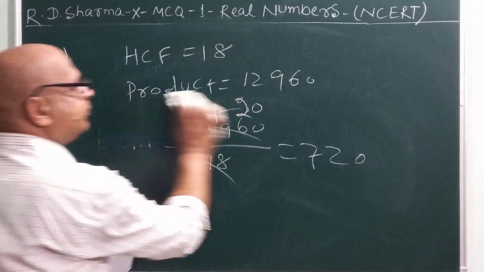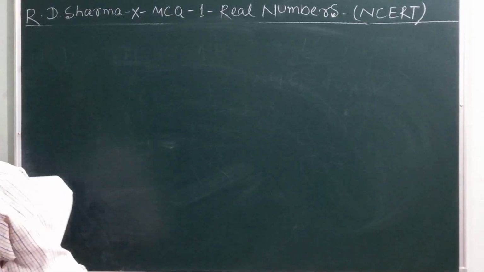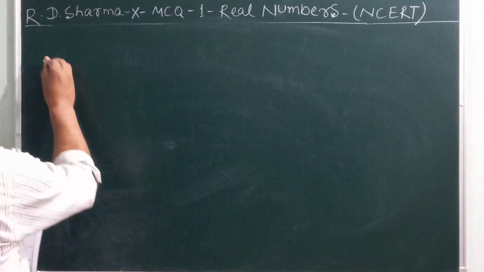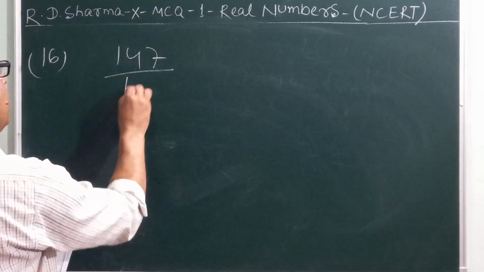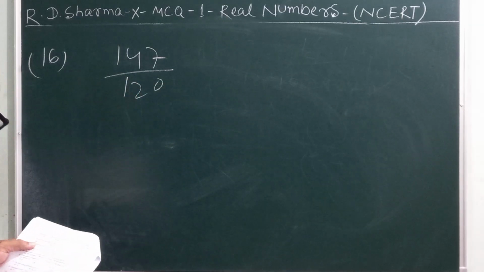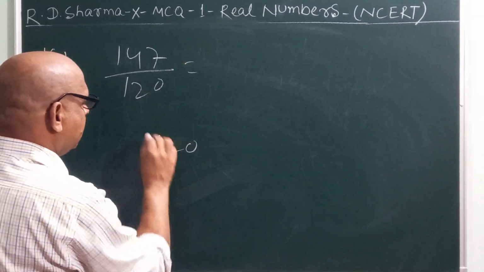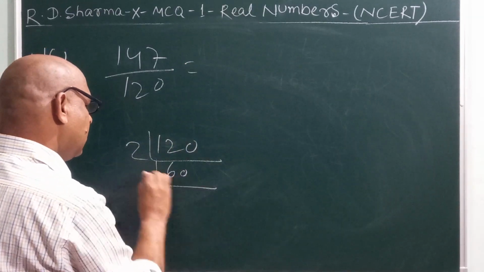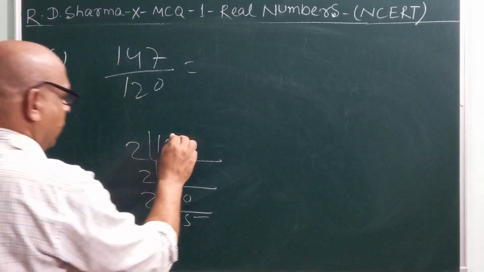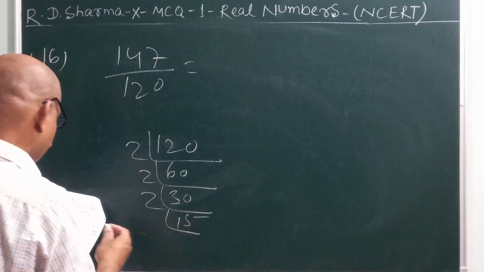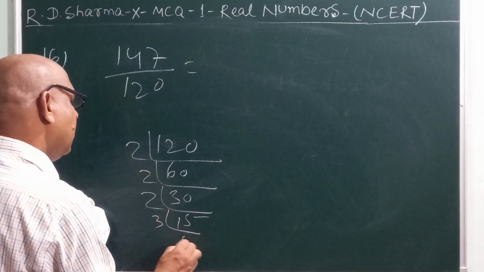Next, 16. 147 by 120 will terminate after how many places? 120 equals 2 cube into 3 into 5.